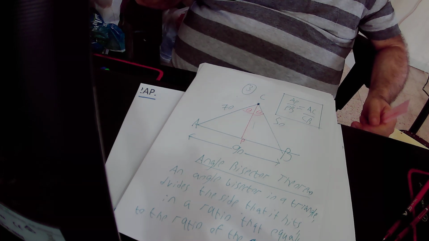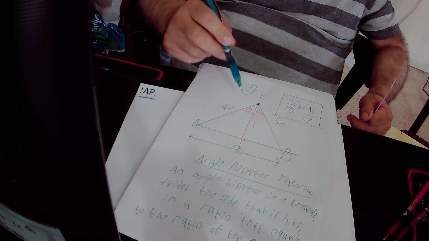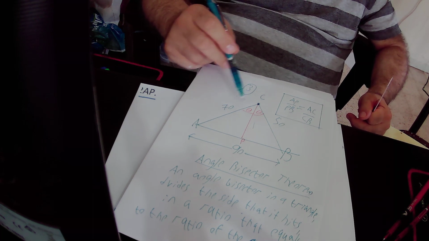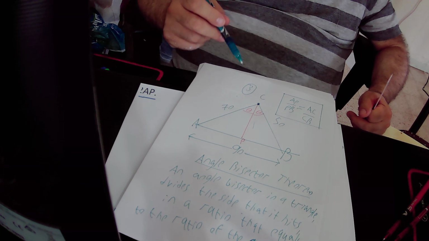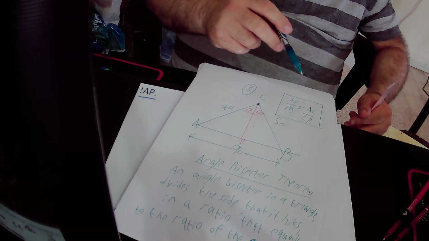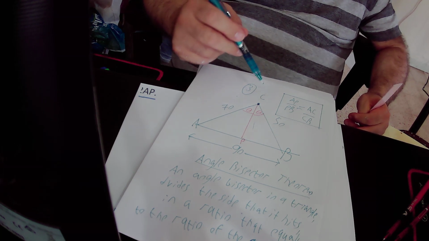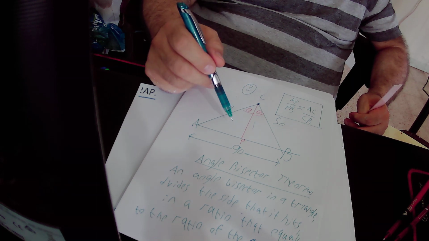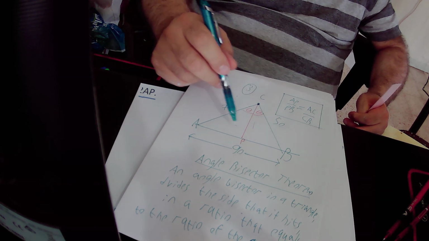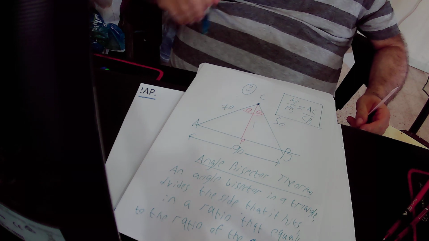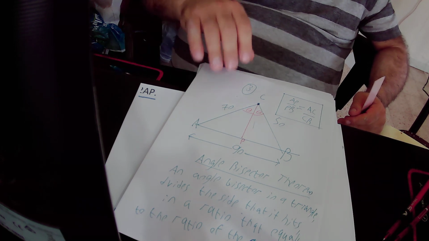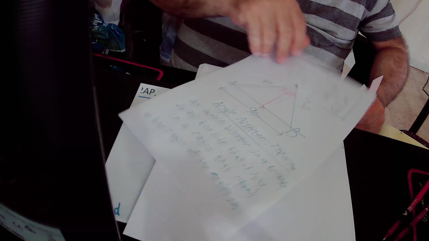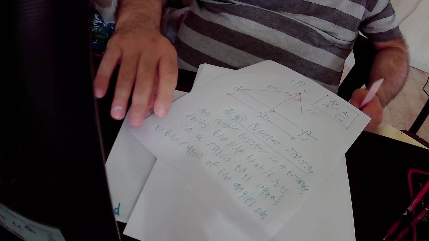So the ratio between the sides of ACB is AC over CB. So AC over CB equals the ratio in which CP divides AB, that is to say AP over PB. Okay, so again I will repeat the angle bisector theorem.